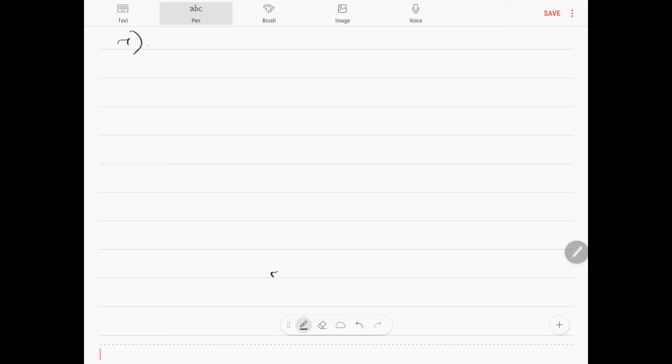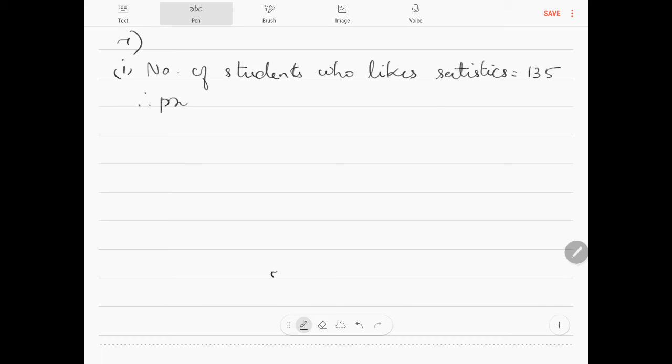The number of students who like statistics is 135. Therefore, the probability that a student chosen at random likes statistics will be 135 by 200, which is equal to 27 by 40.